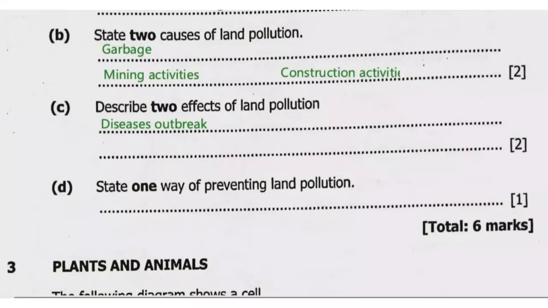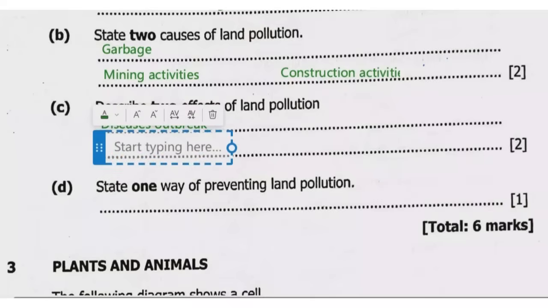Okay, the other one is effects. If we have land polluted, we have an area where there is dirt lying around that is not being collected, and the dirt starts rotting in that place. That means what will be coming out of there will be an unpleasant smell.